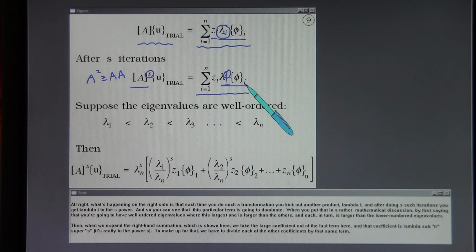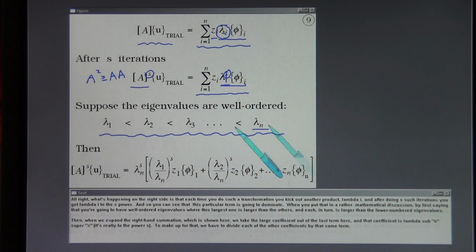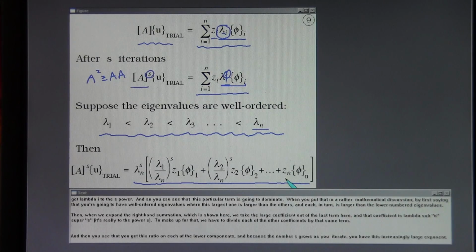We can put that in a better mathematical discussion by first saying that we're going to have well-ordered eigenvalues where this largest one is larger than the others, and each in turn is larger than the lower numbered eigenvalues. Then when we expand the right-hand summation, which is shown here, we take the large coefficient out of the last term here, and that coefficient is lambda sub n to the power s.